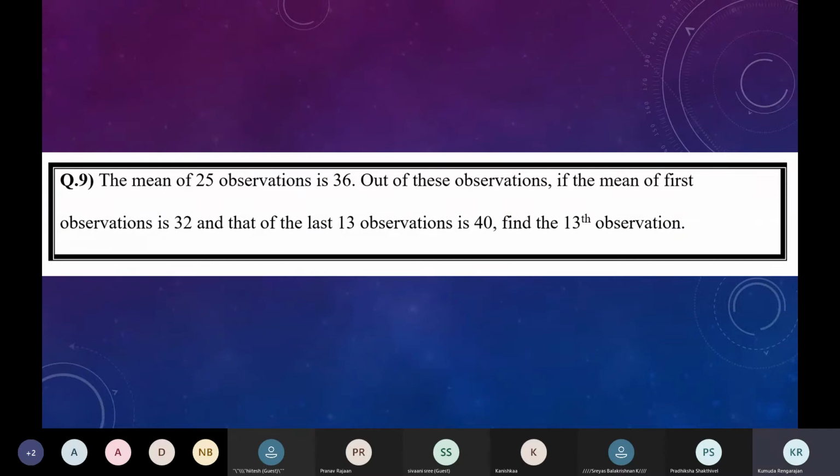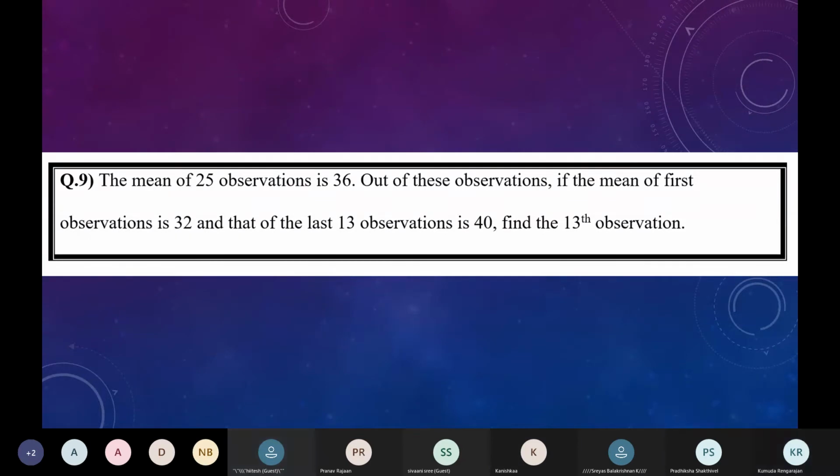Have you written 7 to 13? Yes, ma'am. Okay. How many numbers? Seven, ma'am. Okay.